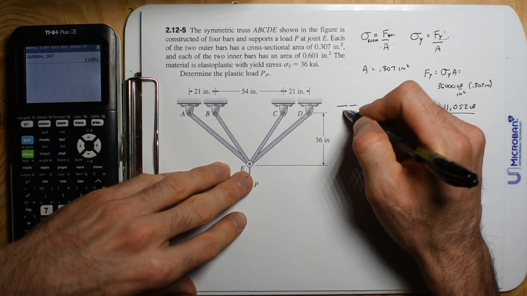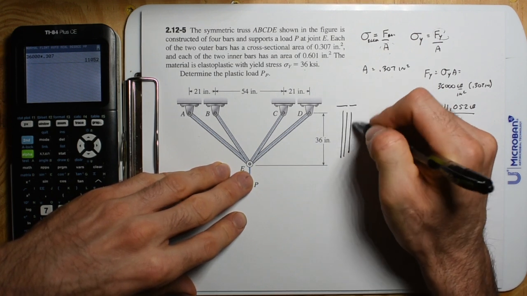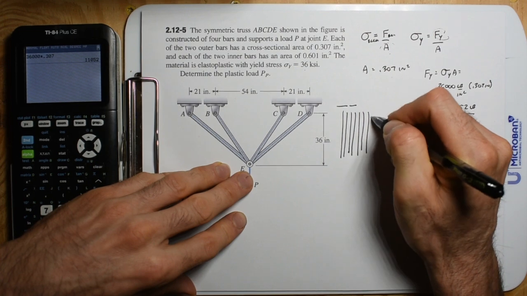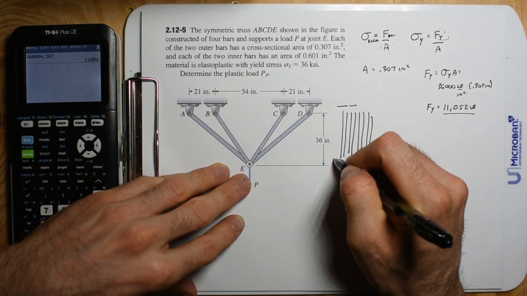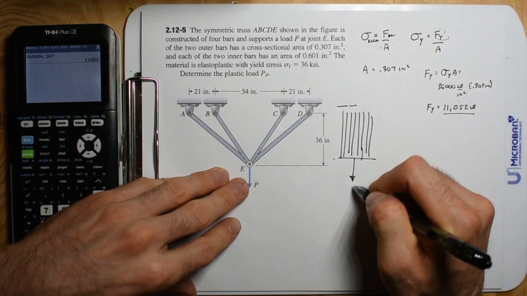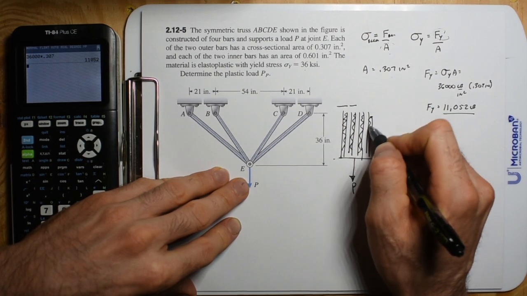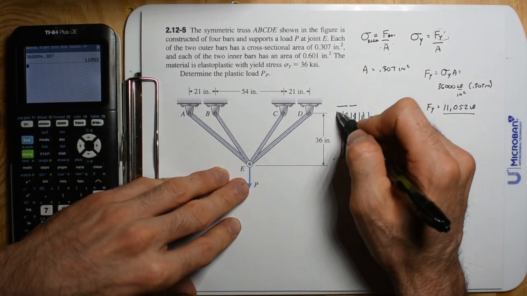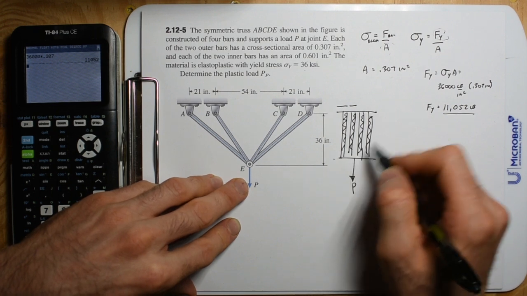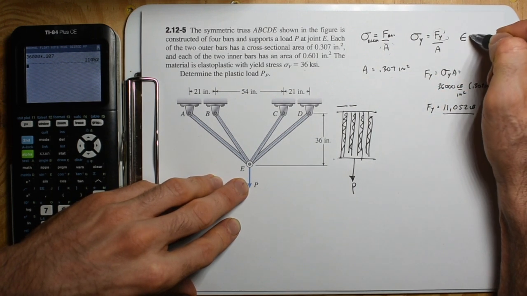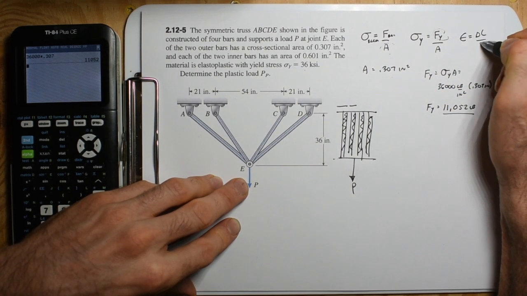So let's say all of these tubes, 1, 2, 3, 4, are just in a line, and we're going to throw a force on them of P. There's two different things, because the other equation is strain is change in length over length.